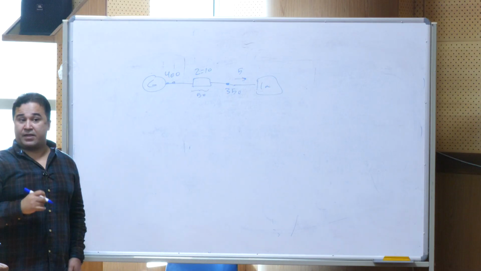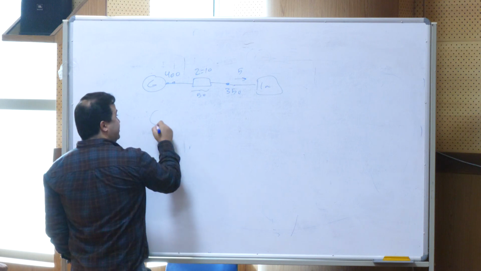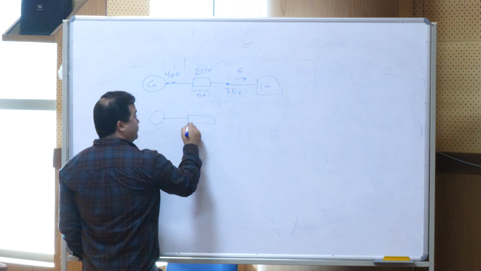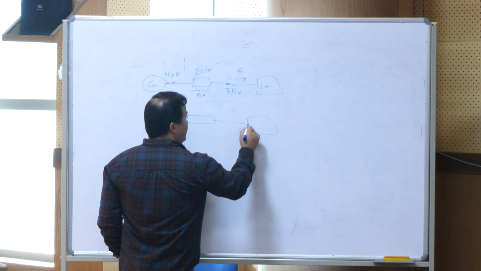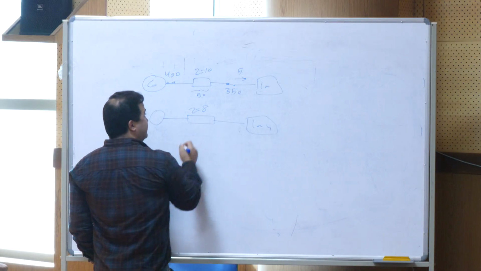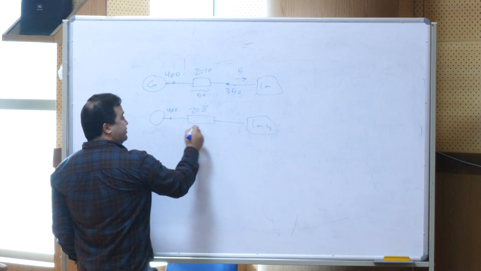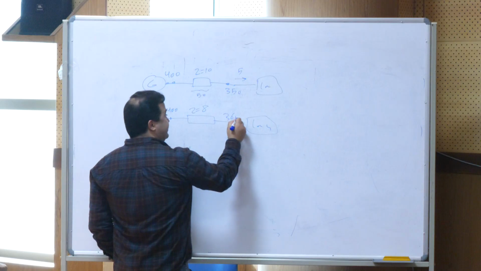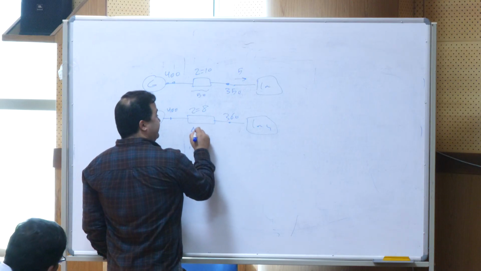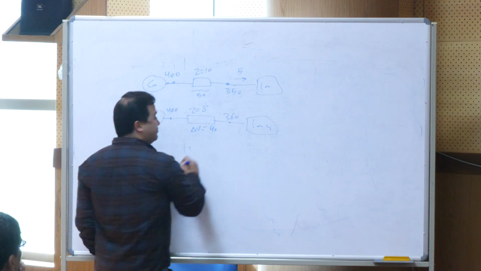And if we have Z equal to 8, and then the same network, 400, 360, and delta V will be equal to 40.